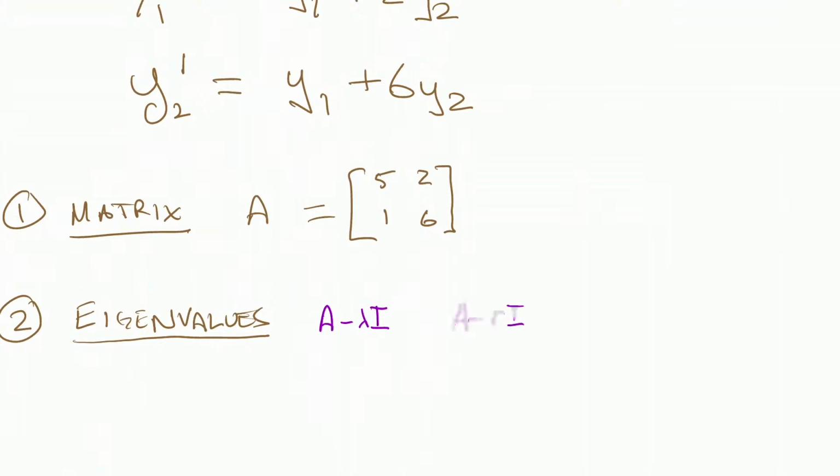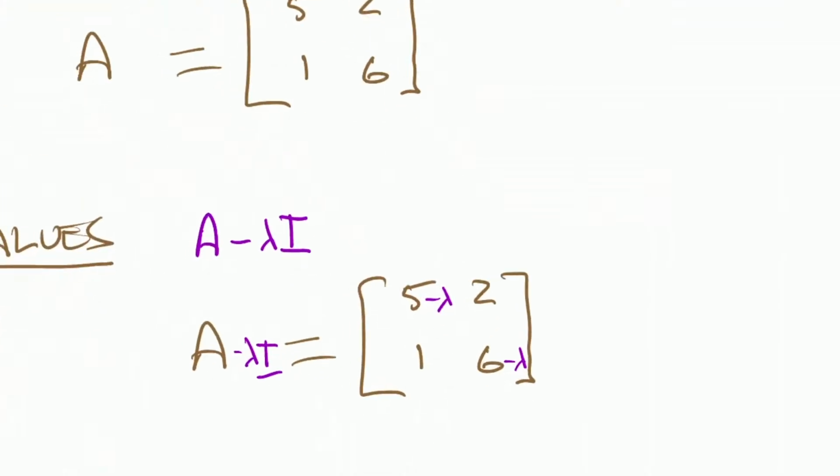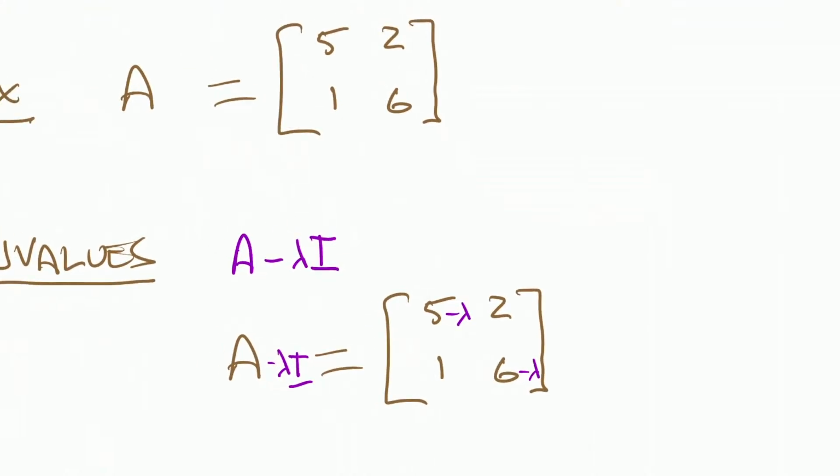Either way you cut it, you're going to copy your matrix A. So I'm just going to copy this, duplicate it, copy it down here. And then you're going to throw an extra lambda or R into the diagonal. That's all that means. Take your original matrix and stick a minus lambda along the diagonal.